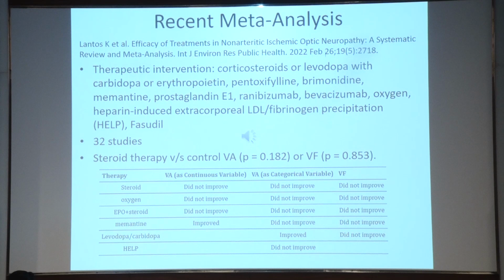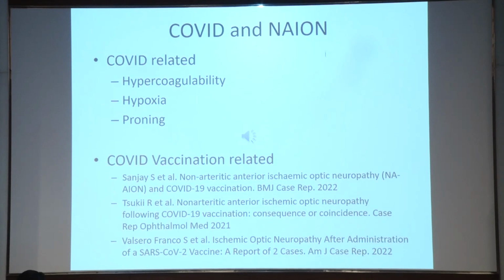And as this particular meta-analysis has shown, any form of treatment, whether steroids, dopamine, or erythropoietin, has not shown any beneficial effect over placebo therapy or over observation in patients of NAION.